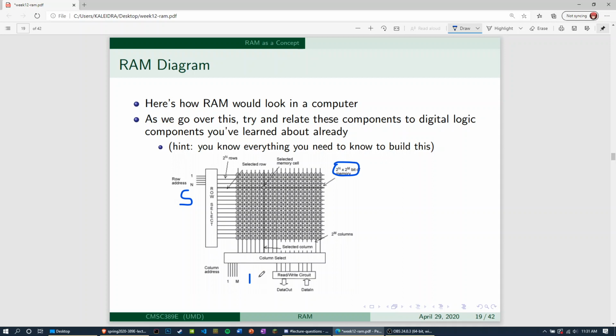Let's say that m equals 10, just to demonstrate how massive this could get. Our result would be 2 to the power of 5 times 2 to the power of 10.